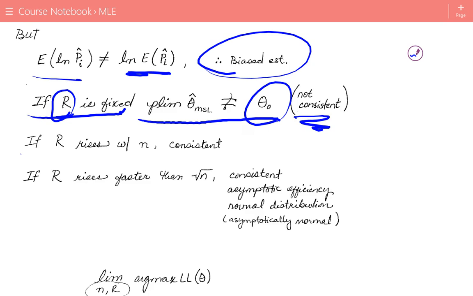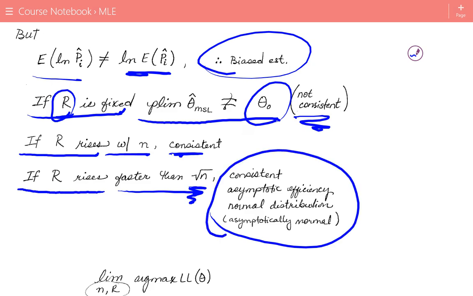If the number of samples rises along with the sample size itself of observations, then it is consistent. And if this Monte Carlo number of points rises faster than the square root of the sample size, it's also asymptotically efficient and asymptotically normal.